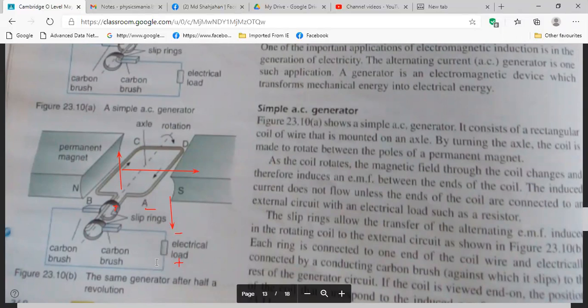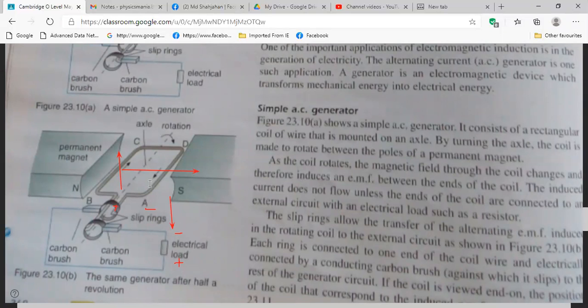We are getting alternating current across this electrical load. Is it clear? So that's the benefit of slip rings: in this arrangement we are getting alternating current.